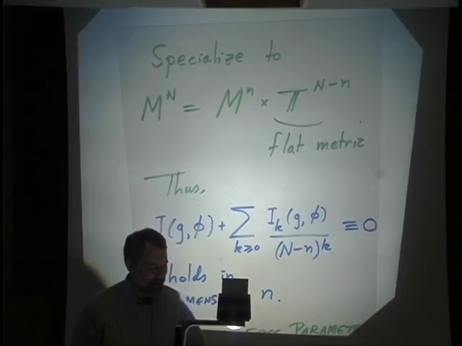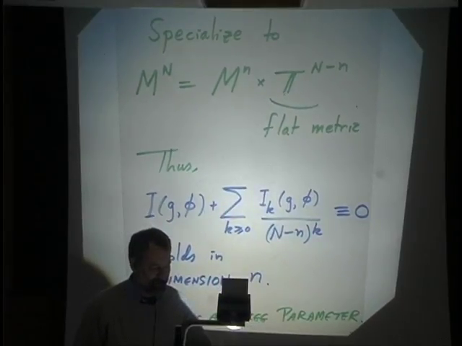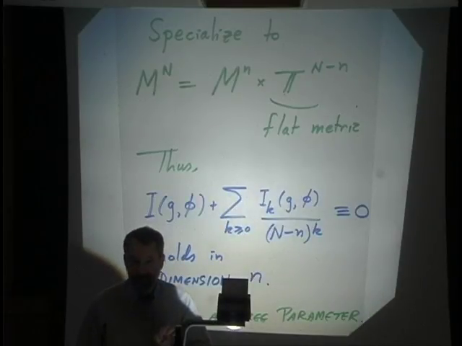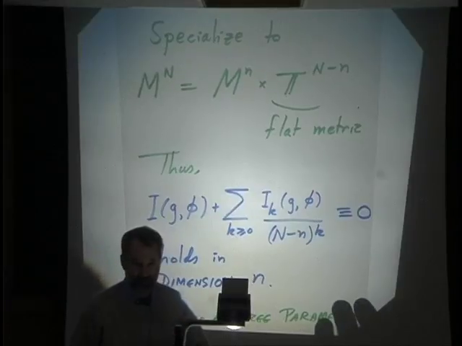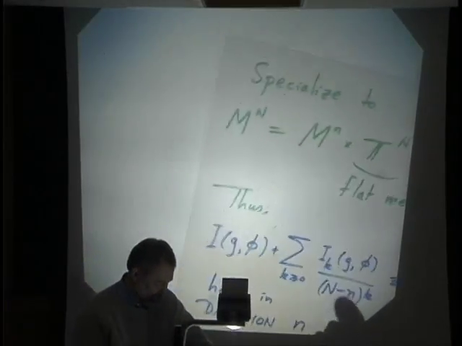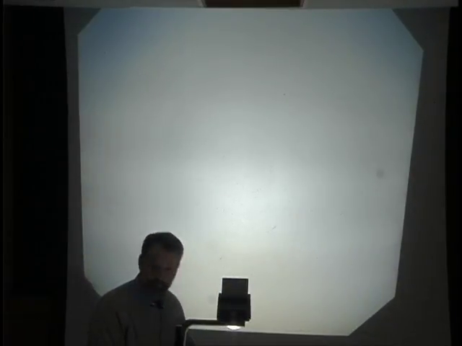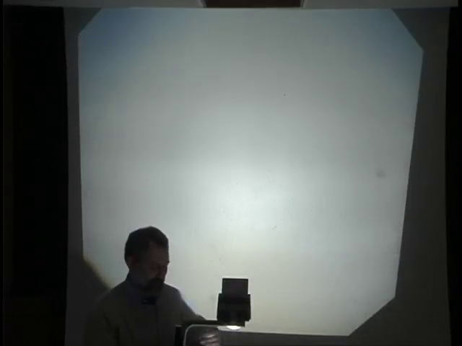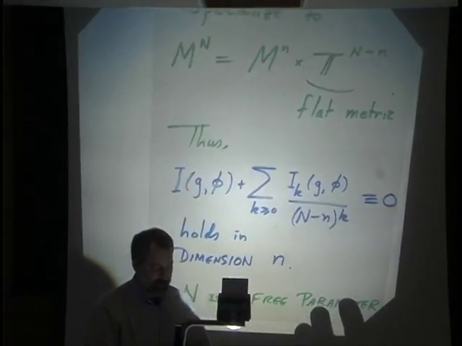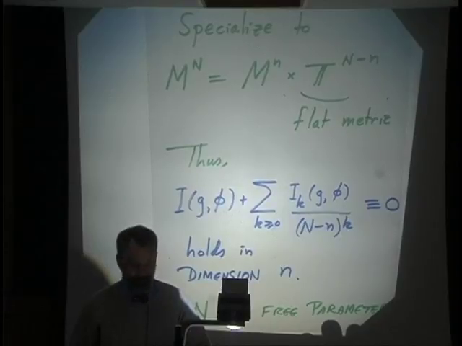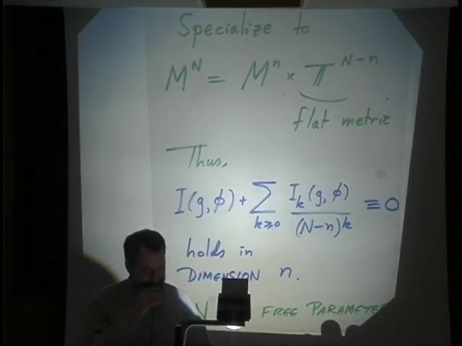Okay? So now the thing to do: this equation holds pointwise in dimension little n, and capital N is just a parameter. Now that that's true, phi can't be independent of the torus variable?